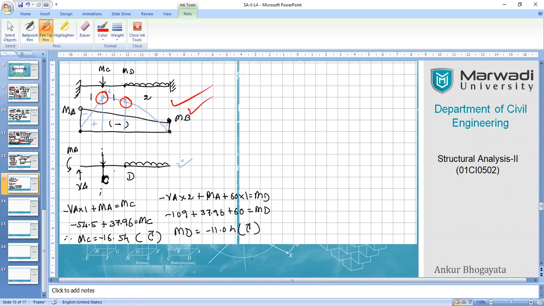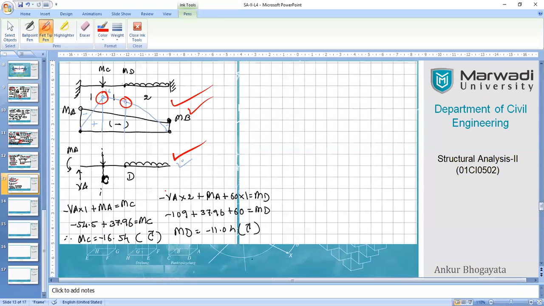So we did it. Now I'm keeping the development of the shear force diagram for your own homework. Please do it, right? And draw the shear force diagram, assuming that this beam is a simply supported beam. That's all. And I'm more than confident that you will be able to do it easily because all the values are with you.